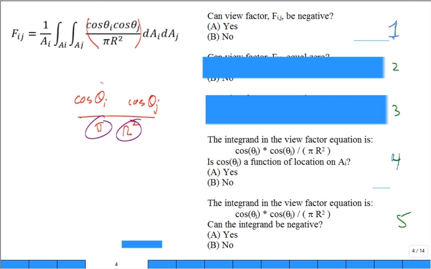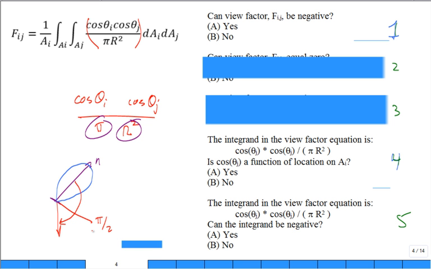So now the question is cosine of theta i. But think about a little itty bitty segment. You come out with the normal n, and then you're going to be sending out photons in a cosine distribution, right? Are you ever from that surface going to send out photons in that direction, which would give you a theta greater than pi over 2, where the cosine is negative?